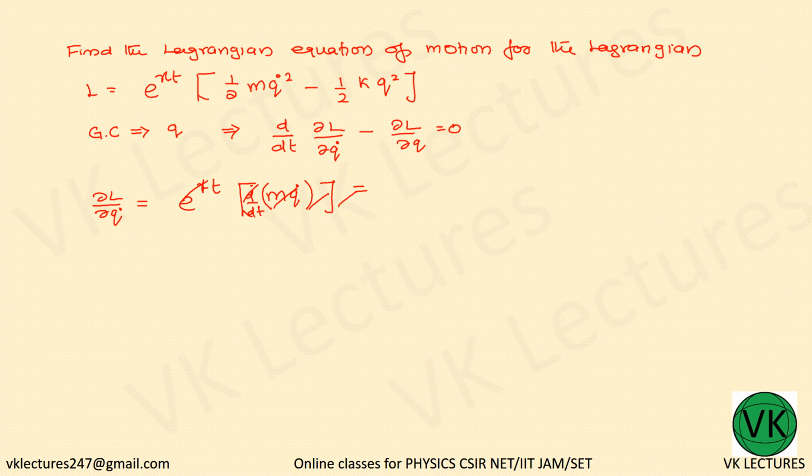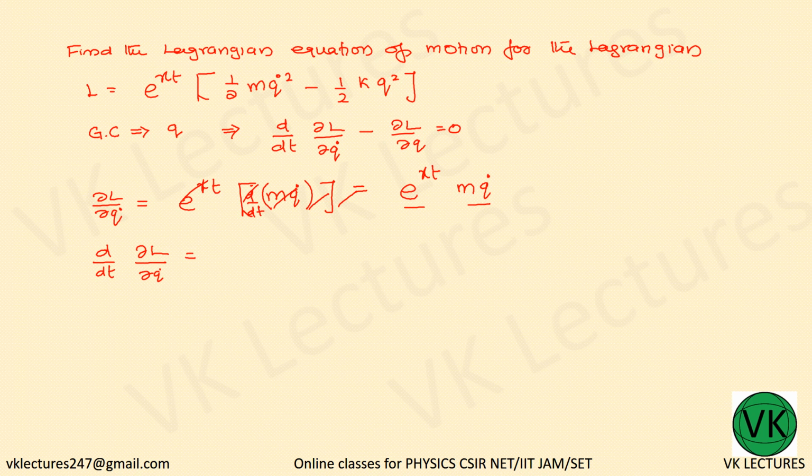So ∂L/∂q dot is equal to e to the power gamma t into mq dot. Yeah, so this is ∂L/∂q dot, and d by dt of ∂L/∂q dot is equal to u into derivative of v and derivative of u into v.